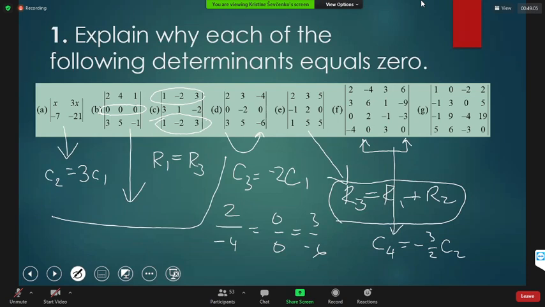Now in G, I guess I will have to tell you, because otherwise it might be somewhat difficult. Row 3 in this final determinant, in this seventh, G, let's put it this way, 2 row 1 plus 3 row 2 is actually equal to row 3.